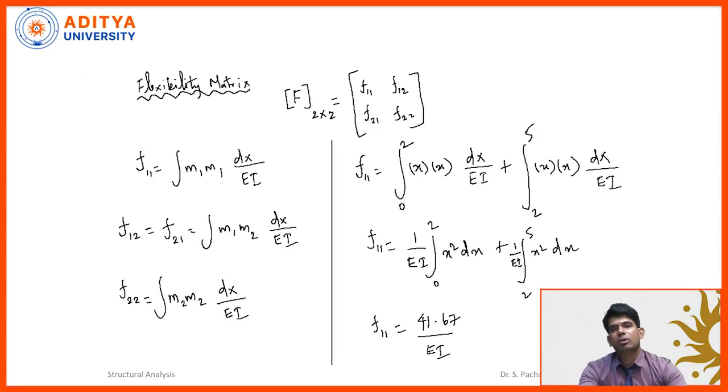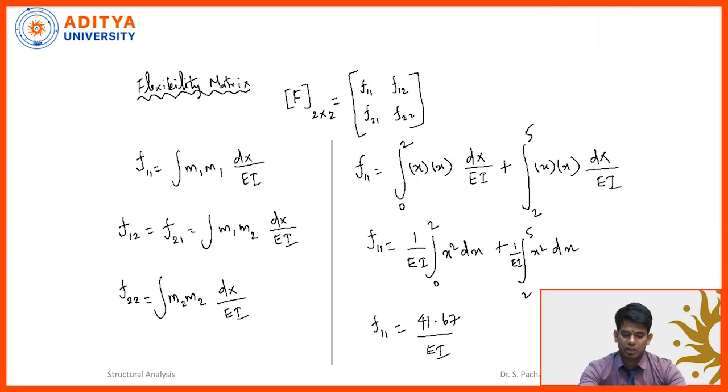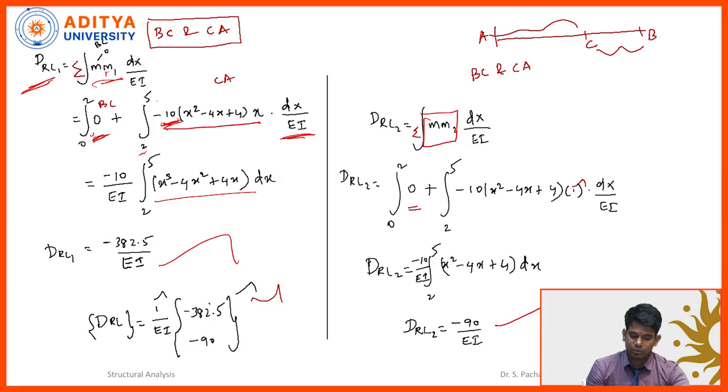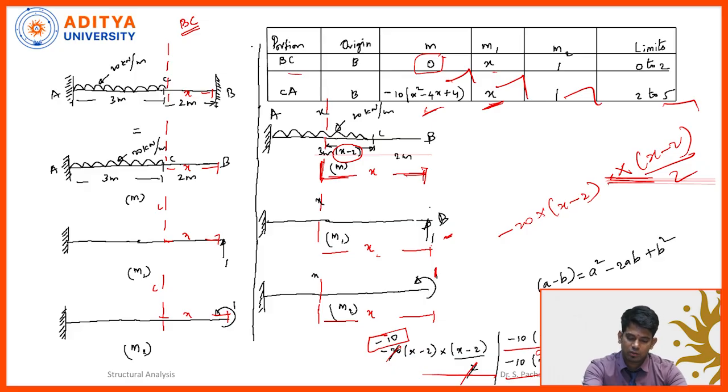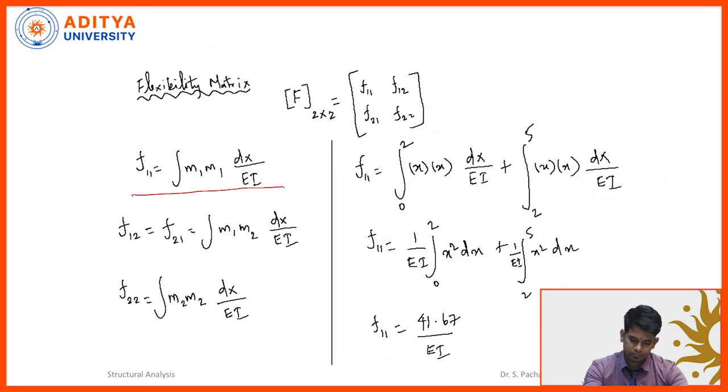Now we need to compute the flexibility matrix coefficients. So already we derived F11, F12, F21, F22. We need to compute these values. What is F11? F11 is nothing but M1 multiplied by M1 for the portion B to C. What is M1 multiplied by M1? X multiplied by X. So that is the equation.